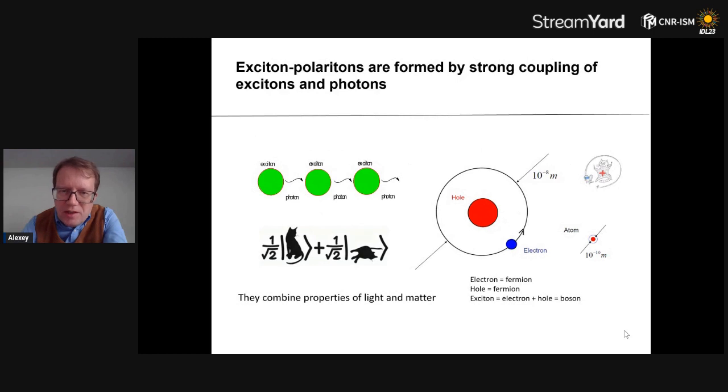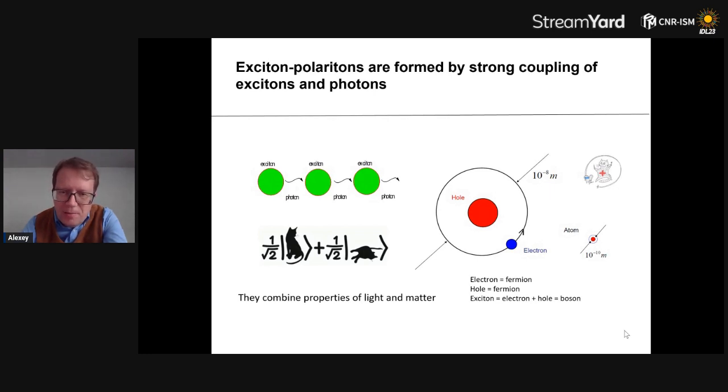So to start with, what is an exciton-polariton? First of all, what is an exciton? An exciton is very similar to a hydrogen atom, but if a hydrogen atom is formed by a proton and an electron, an exciton in a semiconductor is formed by a positively charged quasi-particle called a hole and an electron, the electron in the conduction band of the semiconductor.